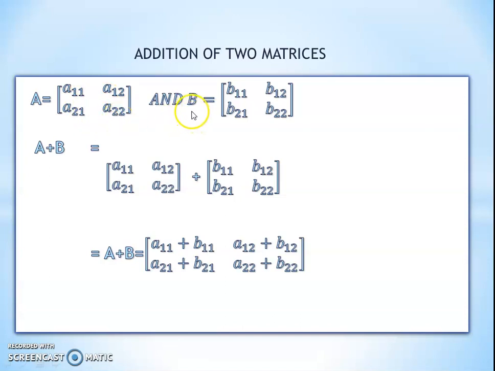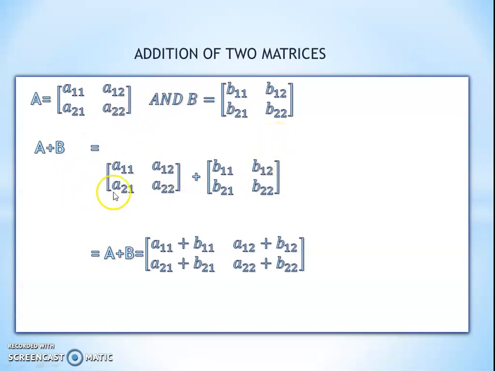Capital B is also a square matrix with two rows and two columns, where B11, B12 is the first row, B21, B22 the second row, B11, B21 the first column, and B12, B22 the second column. So now we have to calculate the addition between these two square matrices.